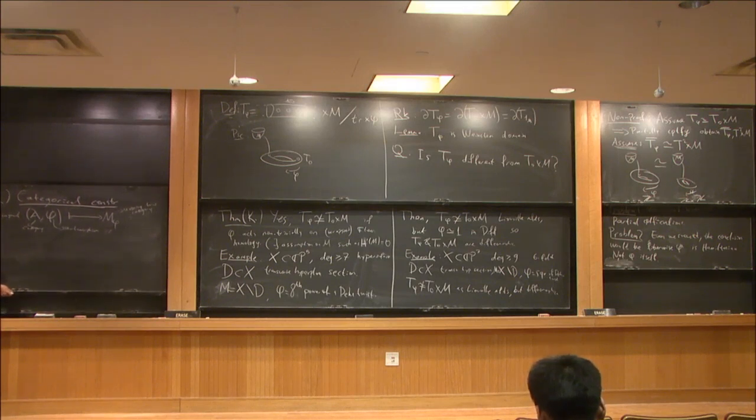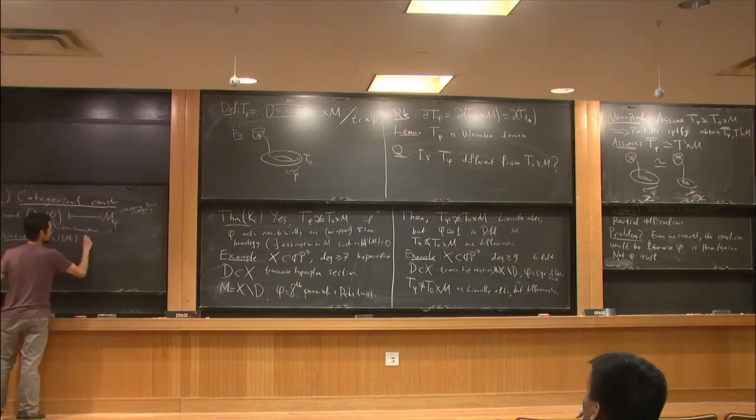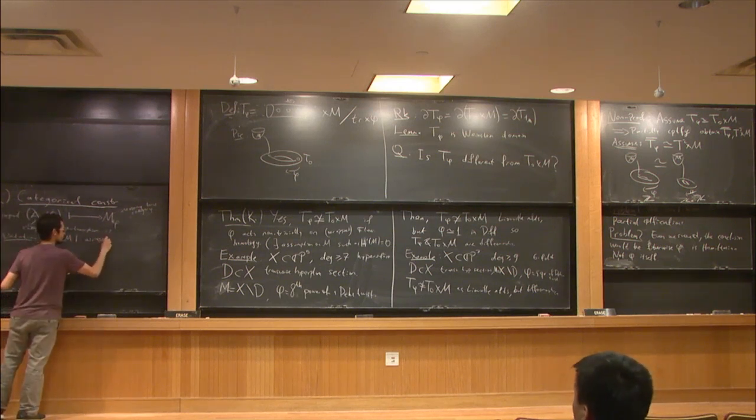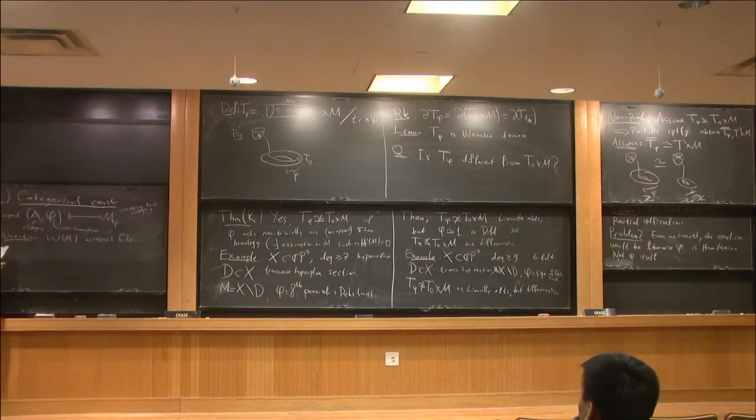So I've already used that word, but there's an invariant of symplectic manifolds called wrapped Fukaya categories, and I denote it by W of M. And the relation of this construction to T phi is in this proposition.